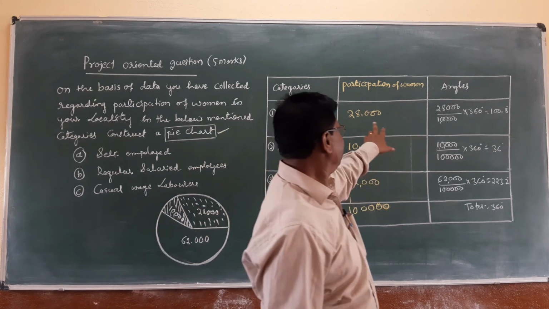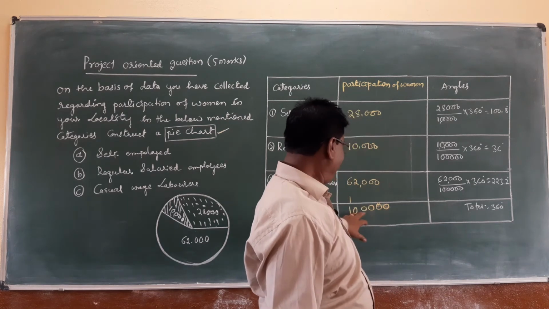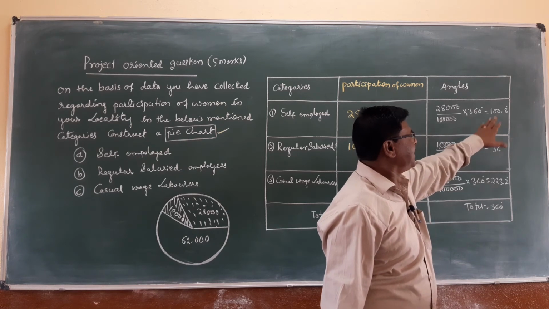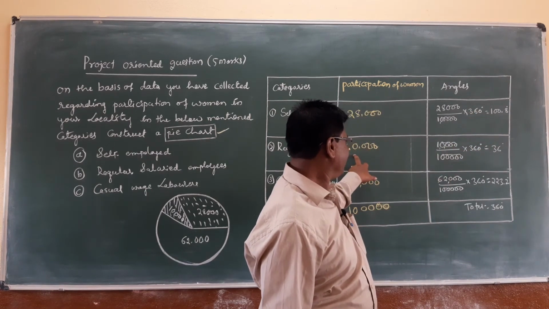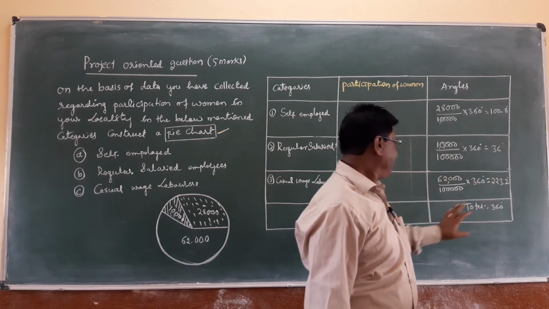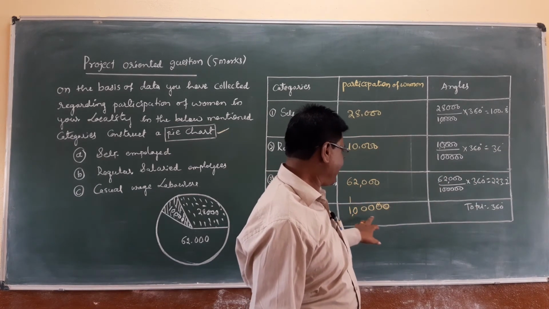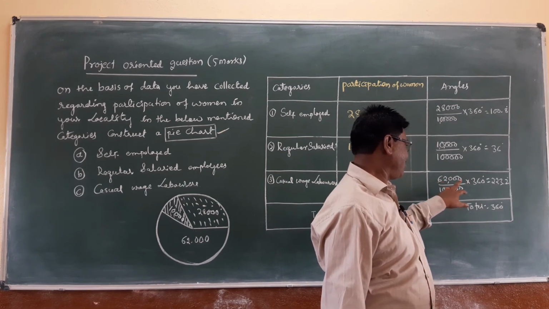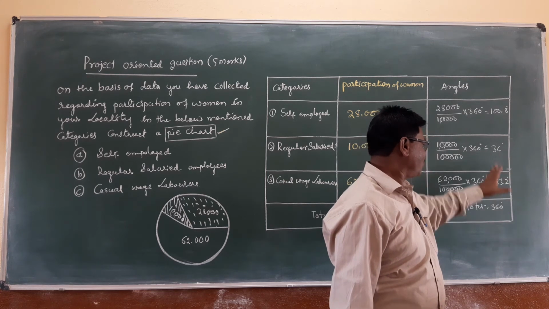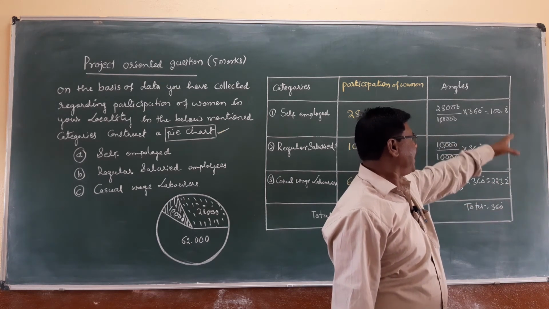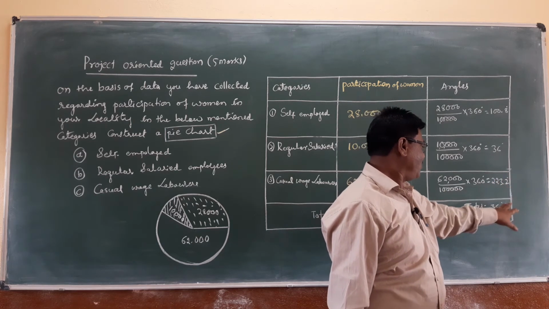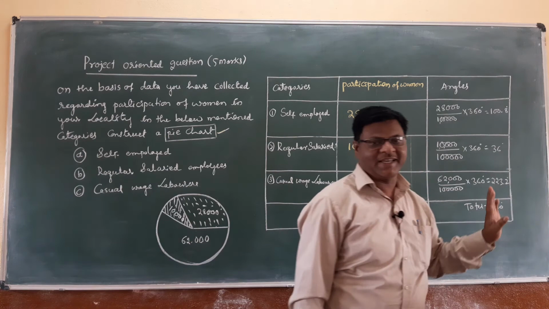Angles: 28,000 divided by 1 lakh into 360 is equal to 100.8, 10,000 divided by 1 lakh into 360 is equal to 36 degrees, and 62,000 divided by 1 lakh into 360 is equal to 223.2. Total 100.8 plus 36 plus 223.2 is equal to 360 degrees.